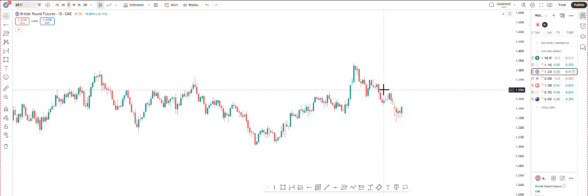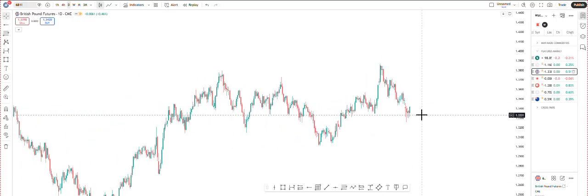I think we have a good supply area just around here, and some around here. So when this market reverses into this supply area, we want to have a push back to the downside.